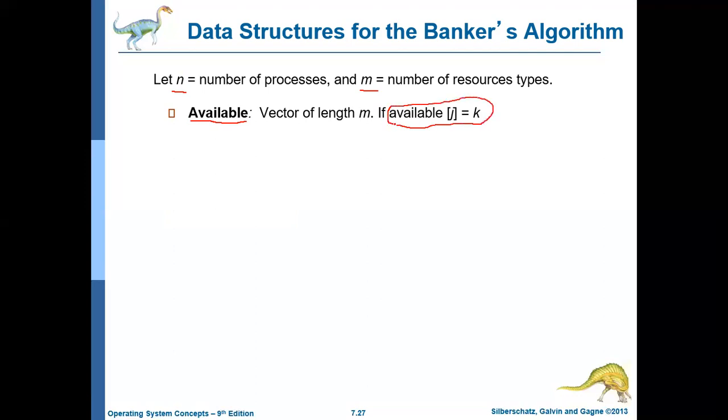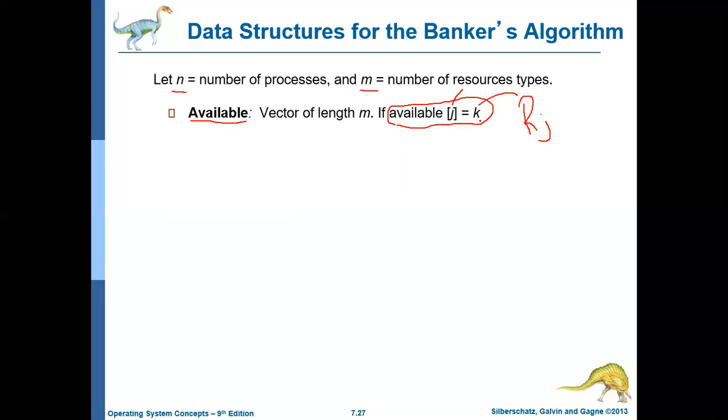It means that there are k instances of resource type j currently available with the operating system.